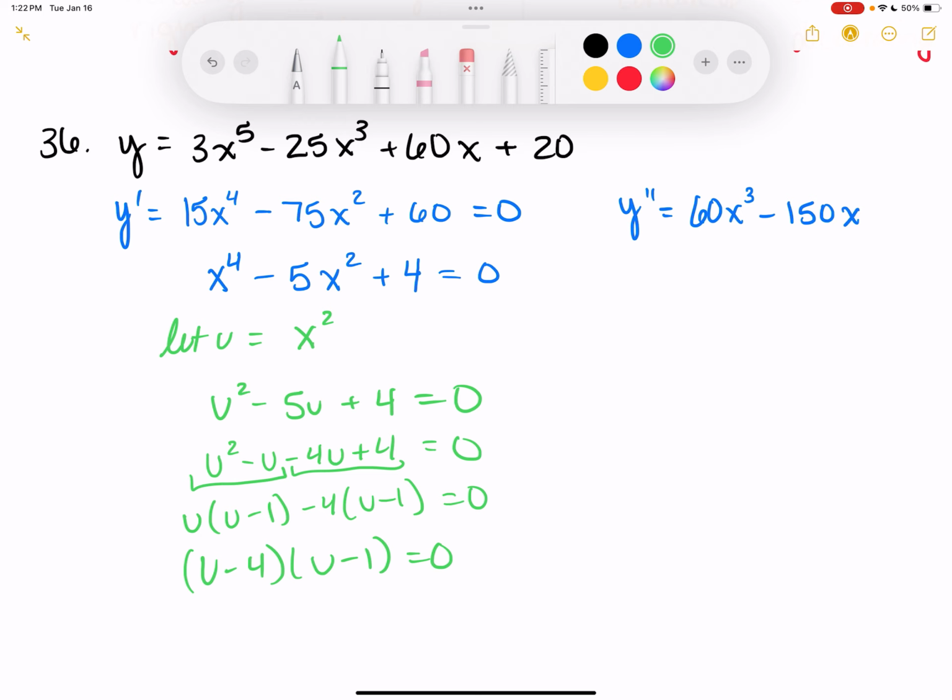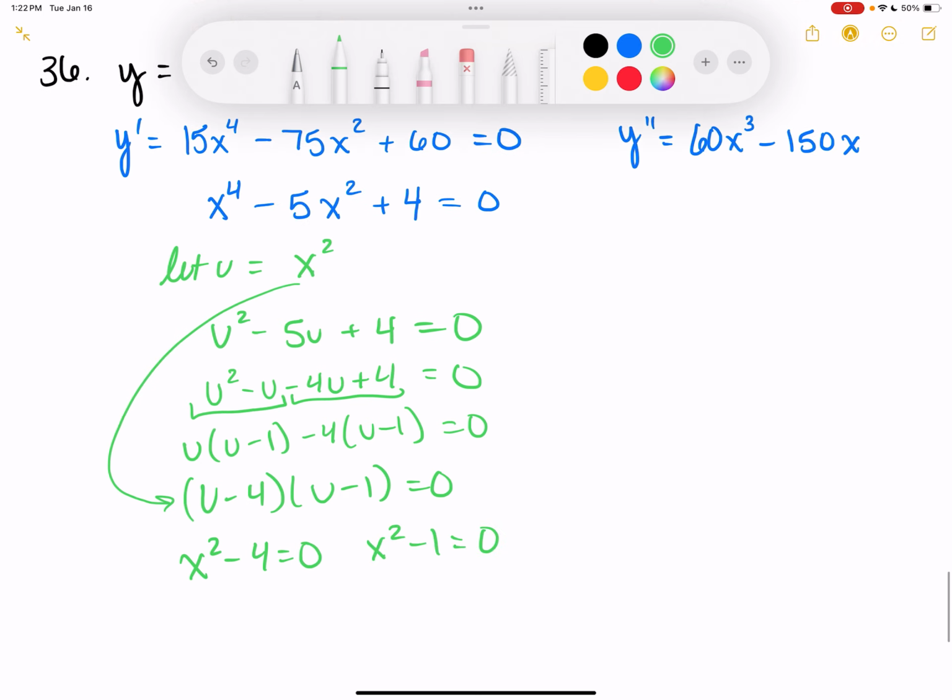At this point, I'm going to replace u back with x squared, and split it to save a step of writing. So x squared minus 4 equals 0 and x squared minus 1 equals 0.